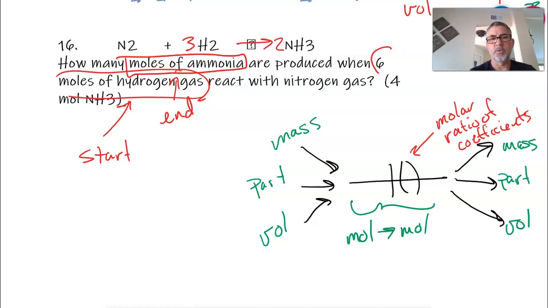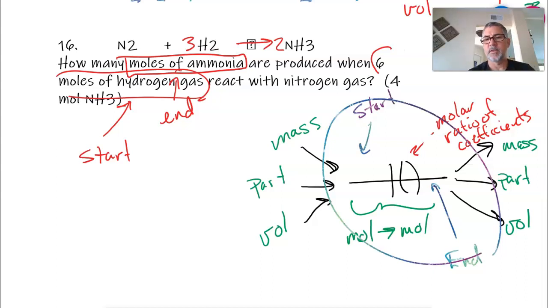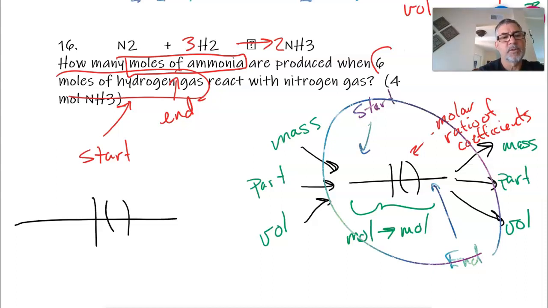My start is with the moles, so my start is here, and I have moles. My end is there, so I only need the center section. Pretty easy, so I just go like this.